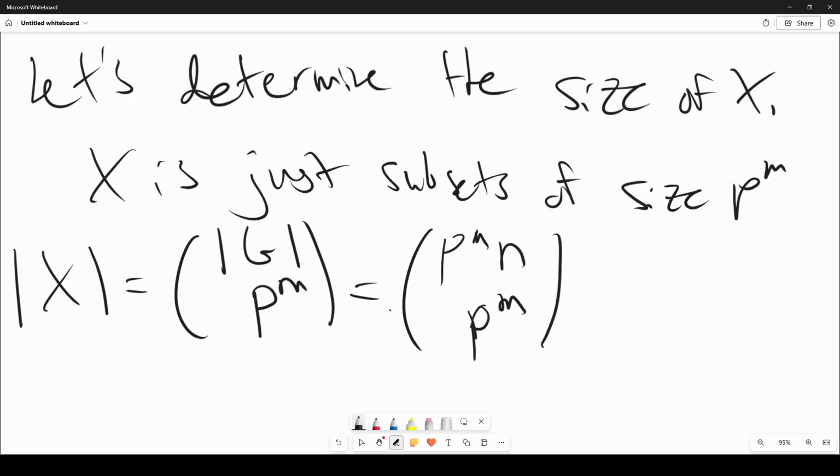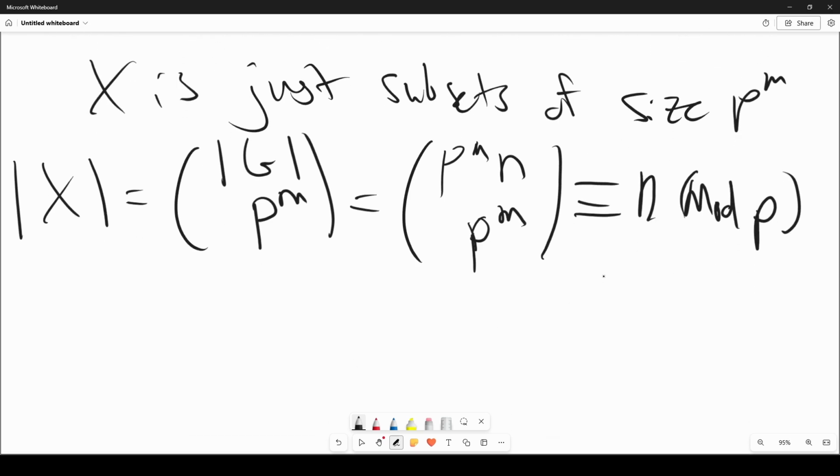Now, if you happen to know this theorem, this is really great, but most of you probably won't. You can rewrite this by saying this is equivalent to n mod p. This is called Lucas's theorem. It's a combinatorial theorem that you can also prove using group theory. It's very cool. So we've now basically taken our set X and determined something about its size, mod p.